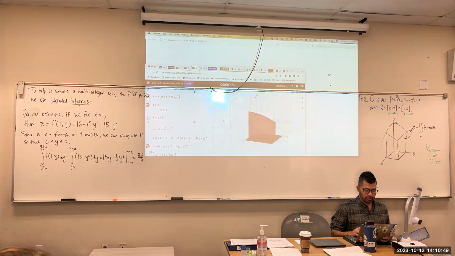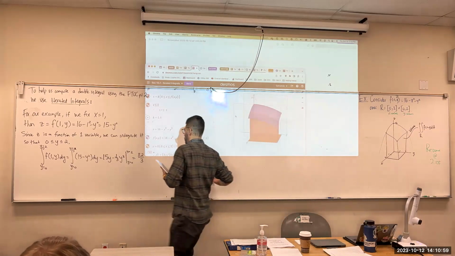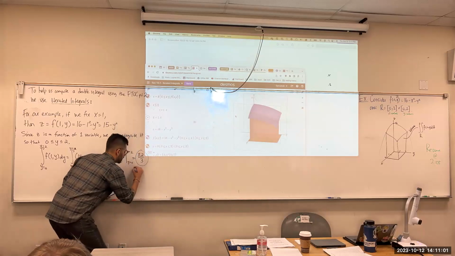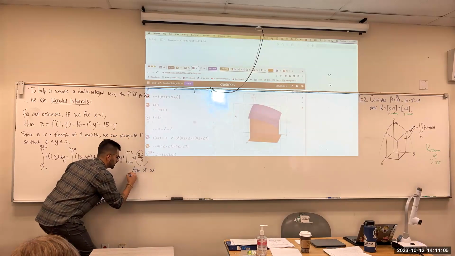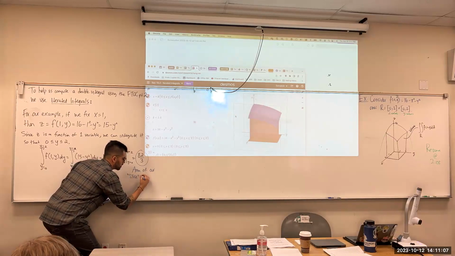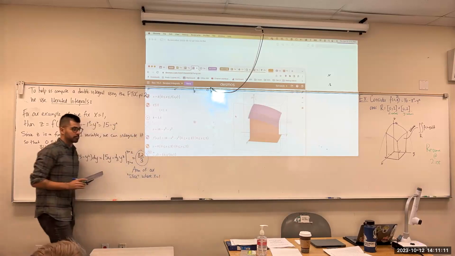Because on the surface, I'm somewhere else on the surface. You see that? So that only finds the area under the curve where x is equal to 1. So this is the area of our, we're going to call it slice, where x is equal to 1.